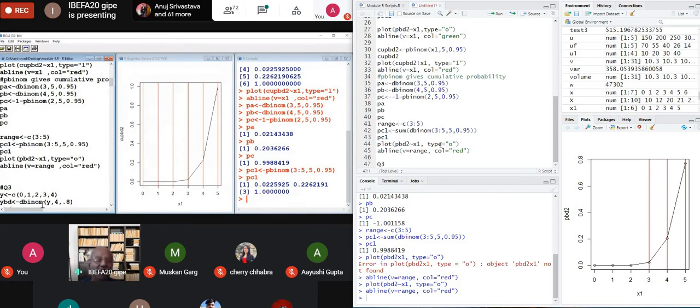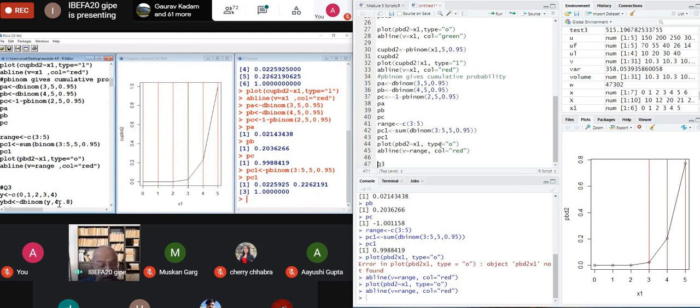Cumulative probability you got again. Probability of 3, probability of 3 plus 4, and 3, 4, 5. No, sir, not the probability of 3. It is up to 3, sir. Like 0, 1, 2, 3, and then up to 4, and then up to 5, because we use P binom. So the best way, to avoid all the confusion, you go for sum and D binom. Finished.